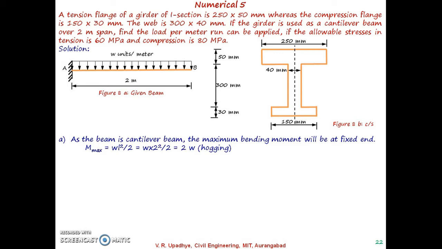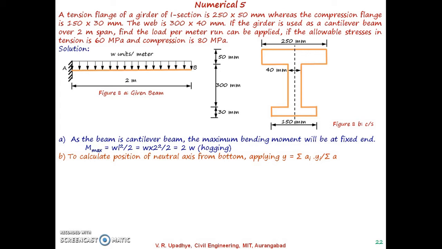So that becomes W into L, which is 2, square divided by 2. That gives us 2W maximum bending moment, and that will be at the fixed end, and it is hogging type of bending moment. Now again, as usual, you need to find the position of the neutral axis, and you need to find the moment of inertia of the complete I section about the neutral axis for further analysis.